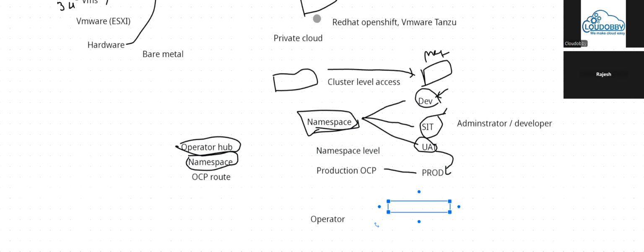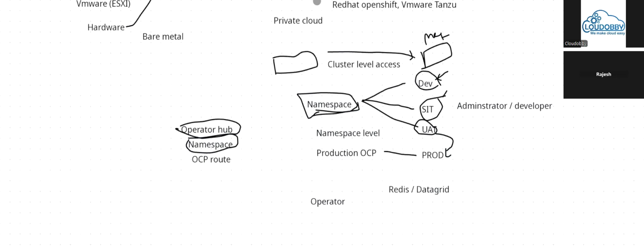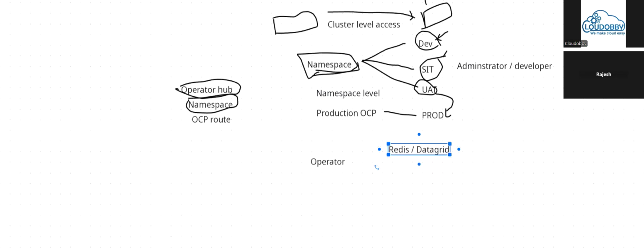It's like a market. If you want PubSub or Kafka, then you can use AMQ Streams. There is also Advanced Cluster Security and compliance operators. It is like a marketplace, a lot of operators are available.